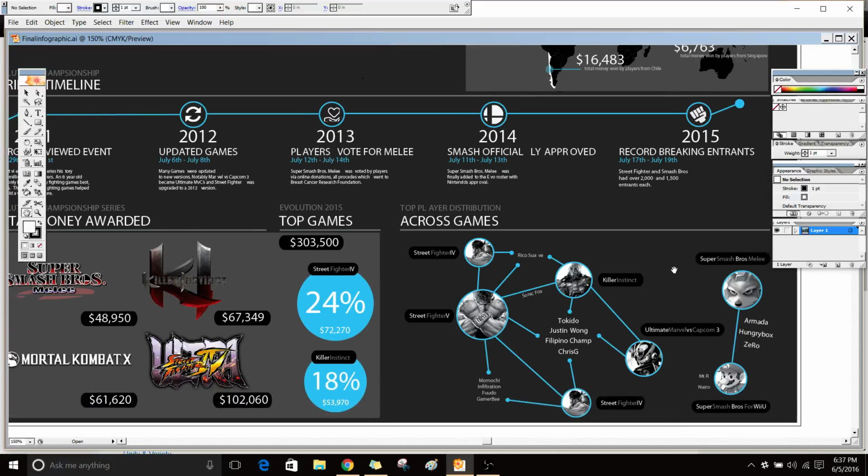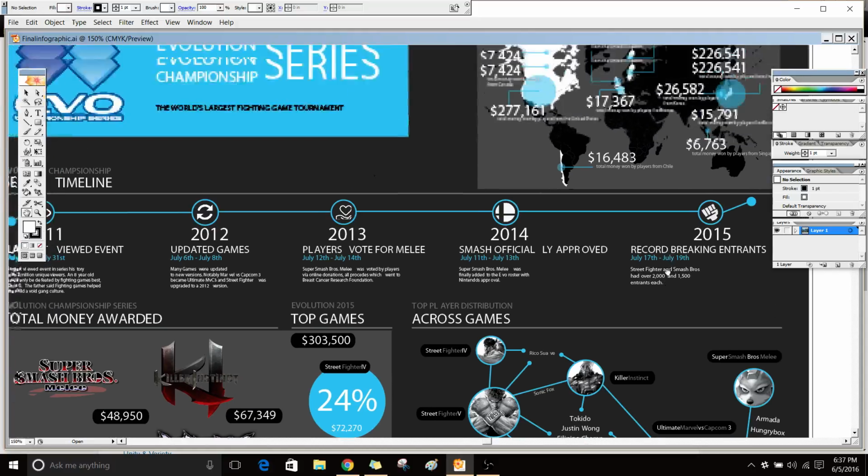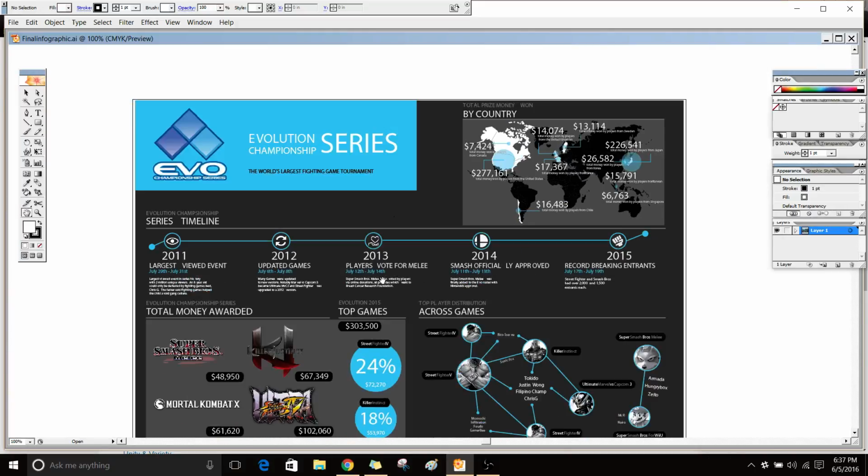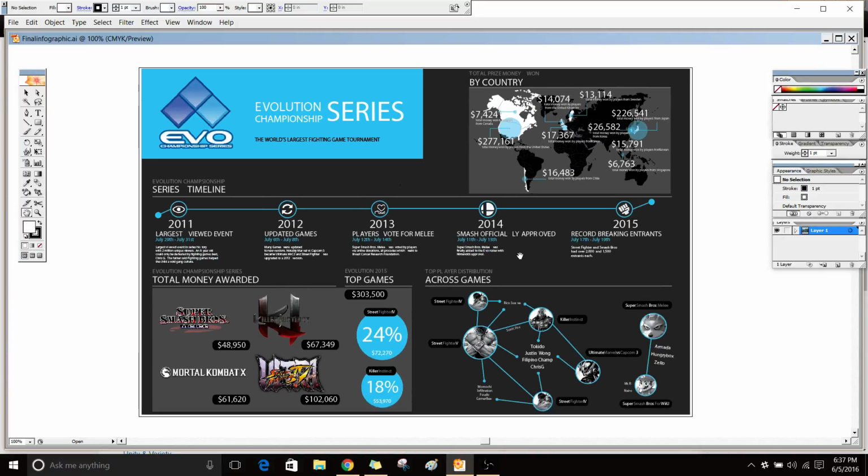Next up, we can talk about the visual hierarchy here. So let's see if I can zoom out real quick. First off, what I wanted the user to look at first was this section here, because it's so colorful.